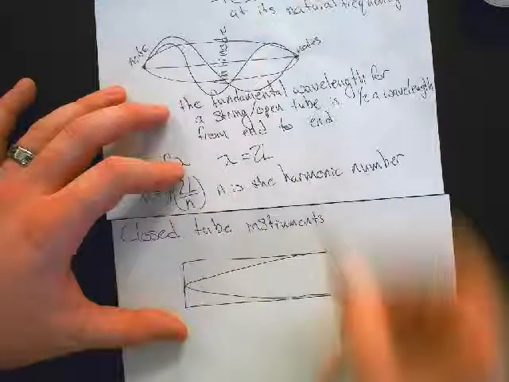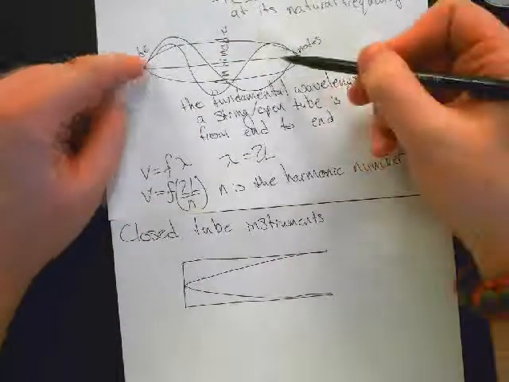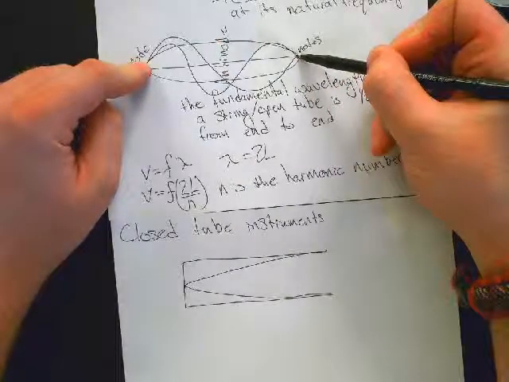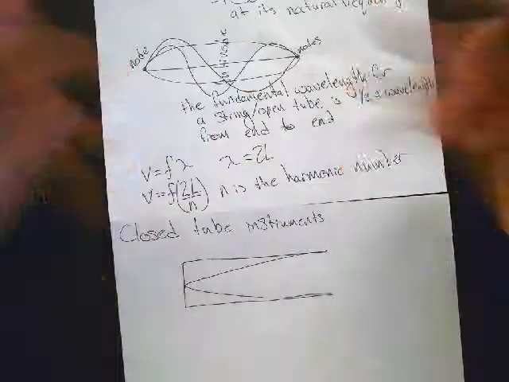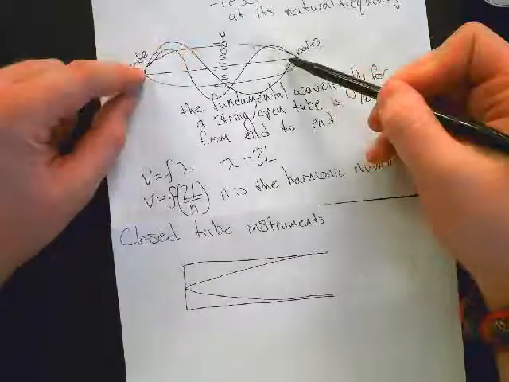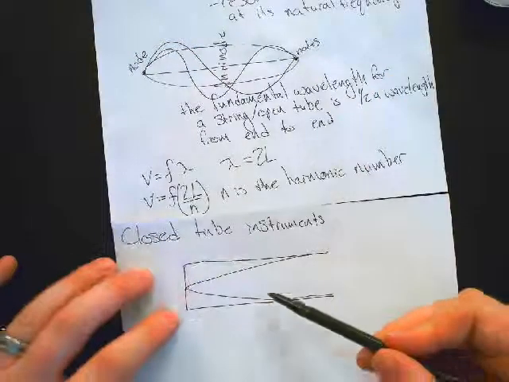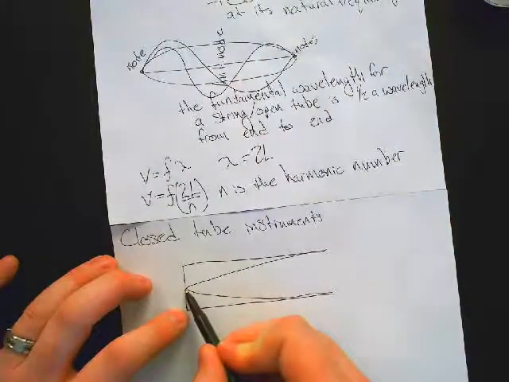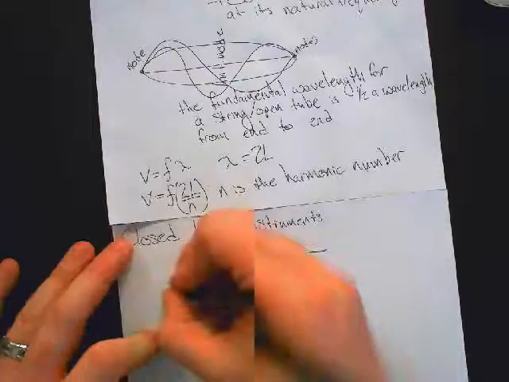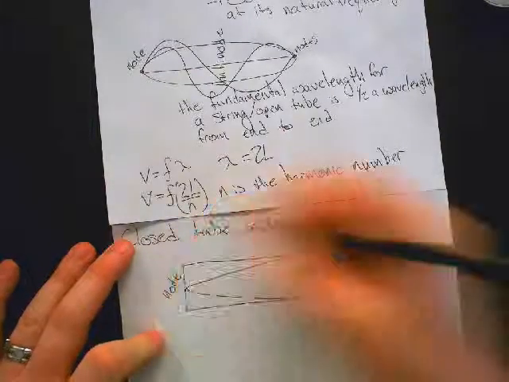So the example I drew up above was a stringed instrument because we're fixed on the ends and we get a node on each. For an open tubed instrument, it's the exact opposite. An open tubed instrument creates an antinode on both ends. Here, for a closed tube instrument, we have one of each. A node at the closed end, an antinode at the open end. Node, antinode.